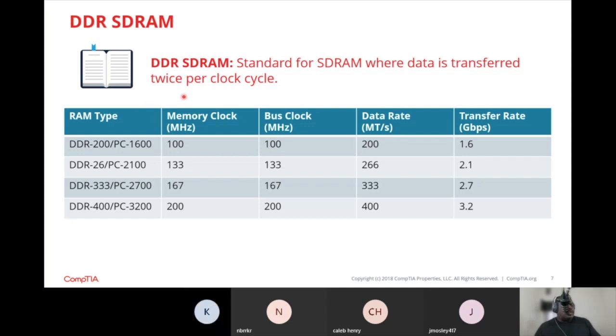So it's transferring data twice per clock cycle. So you have DDR 200 or PC 1600. The memory clock is 100 megahertz, the bus clock is 100 megahertz, and the data rate, because it's doing it two times per clock cycle, is 200. So the transfer rate is 1.6 gigabits per second.